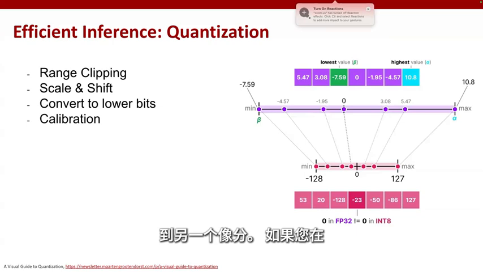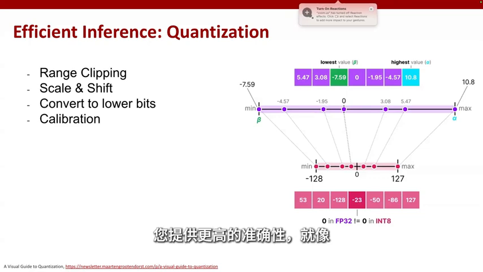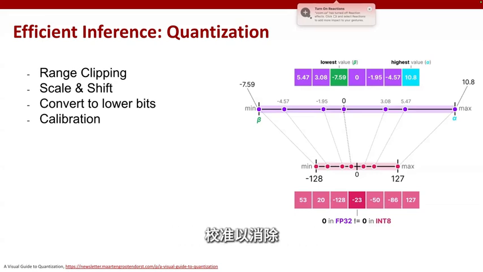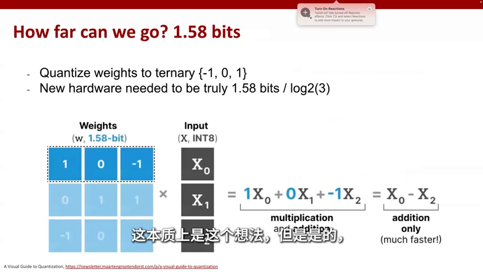If you have more weights in the negative range, you can move the center point to the left, which gives you more accuracy given a fixed range. And then you convert the model to the lower bit width and do some kind of calibration to remove the quantization error introduced in the quantization process. That's essentially the idea.